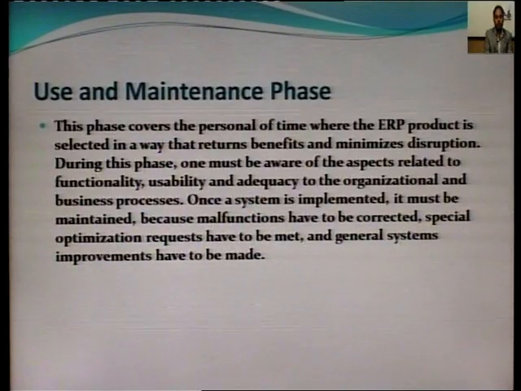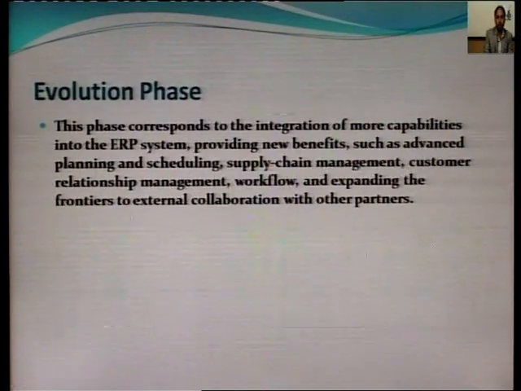Once a system is implemented, it must be maintained, because malfunctioning has to be corrected. Malfunctioning will happen because employees of that particular company are not correctly trained. Optimization requests have to be met, and general system improvements have to be made. So this is a very important department of the ERP system.